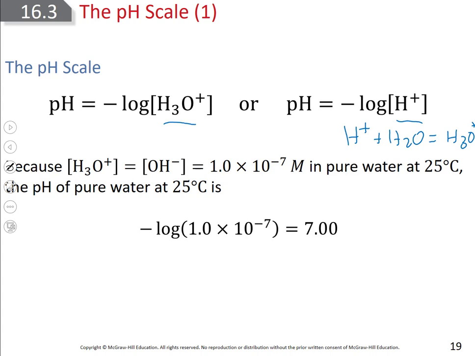For logarithms, the number of significant figures inside of the log is equal to the number of decimal places after the log. So the number of sig figs inside the log is equal to the number of decimal places outside the log.